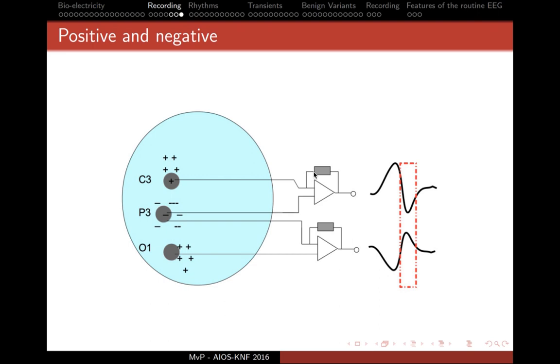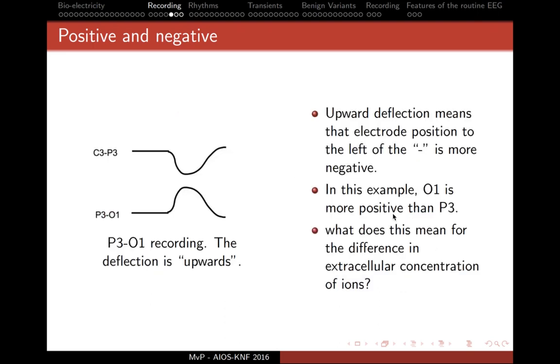If we have this bipolar recording, so this channel reflects the voltage difference between C3 and P3, this recording between P3 and O1, then as indicated here with the red rectangle, at this particular moment P3 is more negative than C3, and that's why C3 minus P3 points downwards, as was indicated here.